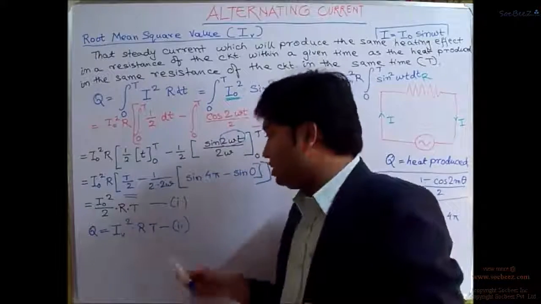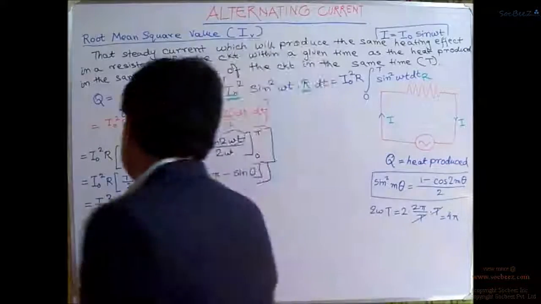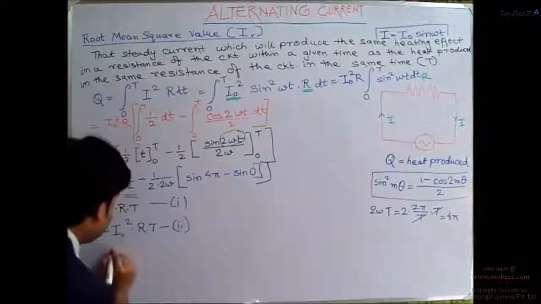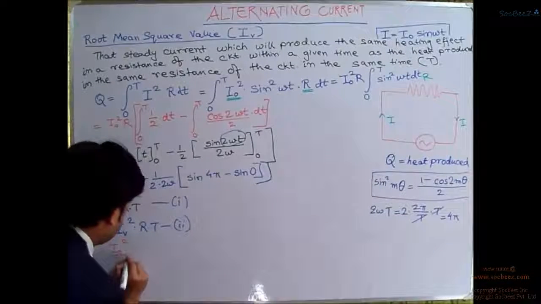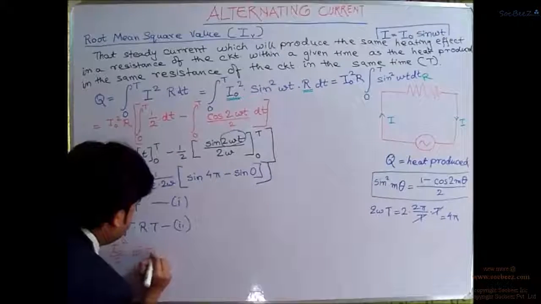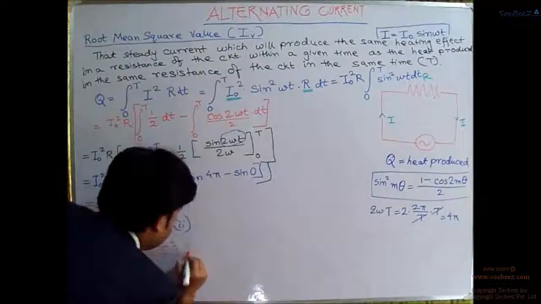Now if we equate 1 with 2, we will find that I naught square divided by 2 multiplied by RT will be equal to IV square multiplied by RT.